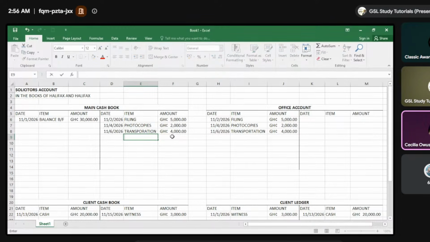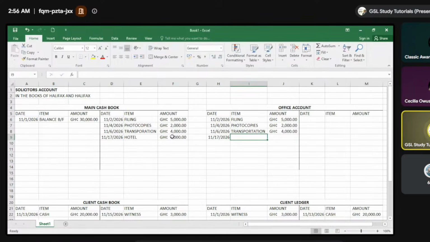So that would be 6,000. The date was November 17th. Good. So we'll come here, November 17th. We'll come to hotel. Then we'll come to 6,000.